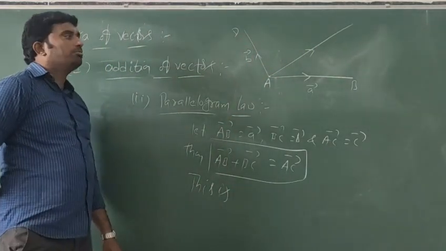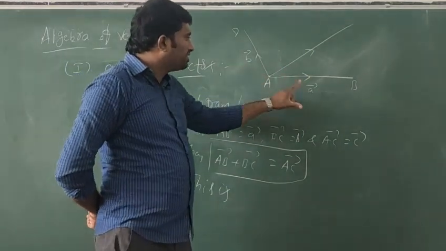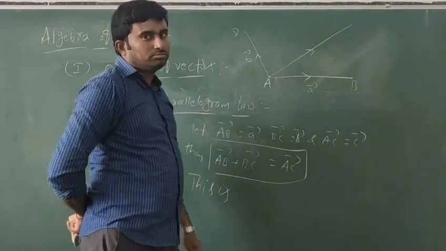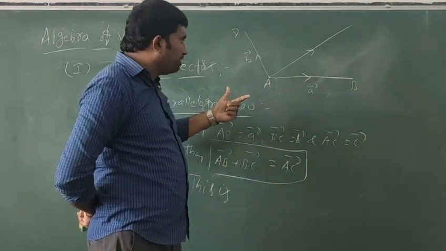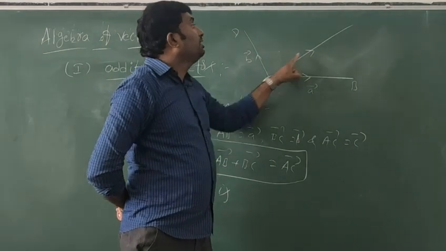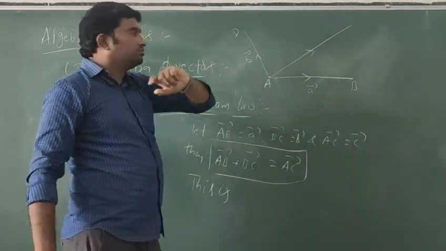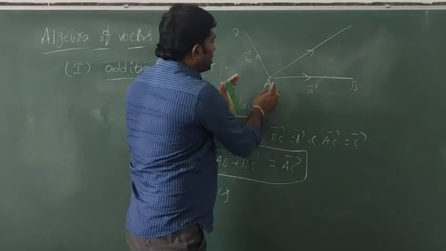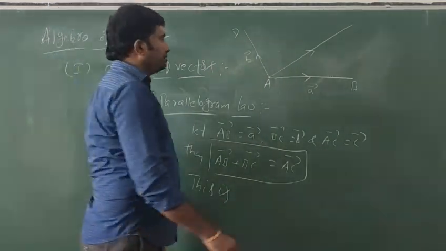So what is the parallelogram law? If two co-initial vectors are represented in magnitude and direction by the adjacent sides of the parallelogram, then their sum, that means the resultant, is also expressed in magnitude and direction by the diagonal which is passing through the common point. Which two vectors' common point is A, passing through the common point. That's it.